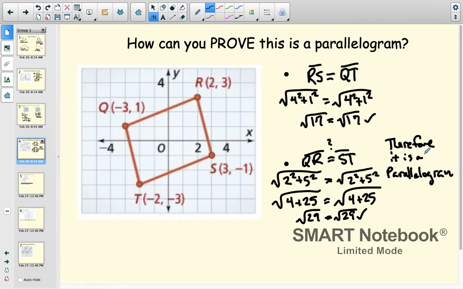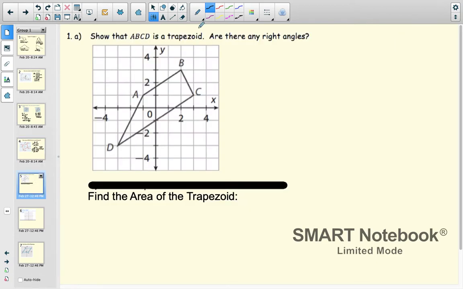Okay, so the next three, we're going to find the areas of some different shapes here. So let's start with this first one. It says show that ABCD is a trapezoid. Well, the way to show that is that you have two right angles here, and then you have one, we'll call this base, let's call this base 2, even though it's at the bottom.